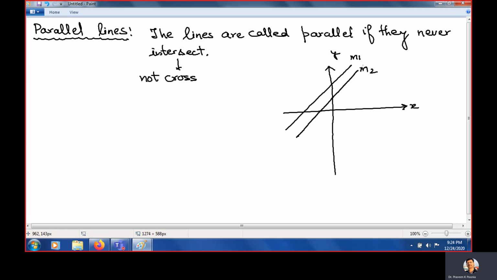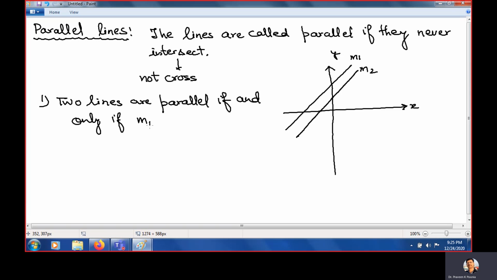There are two things. Thing number one: two lines are parallel if and only if m1 is equal to m2.